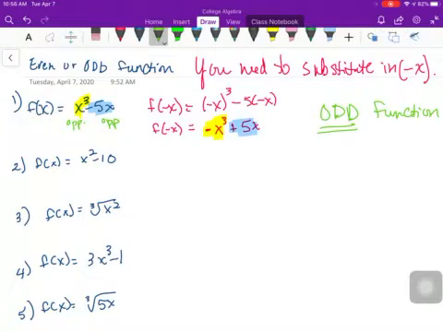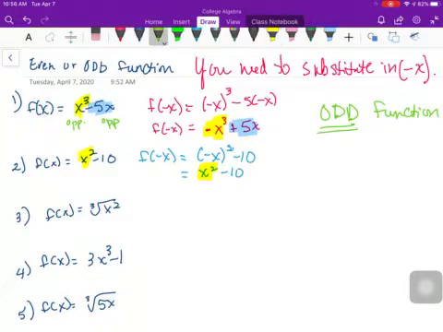Okay, let's try the next one. I'm going to substitute in a negative x. So it would be a negative x quantity squared minus 10. A negative times a negative is a positive. X times x is x squared, so I get positive x squared minus 10. Again, check every term.